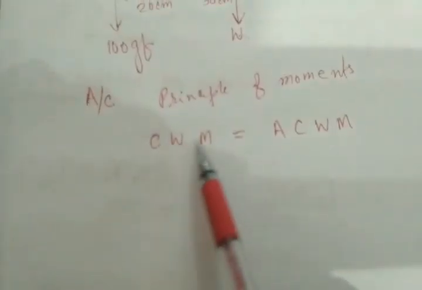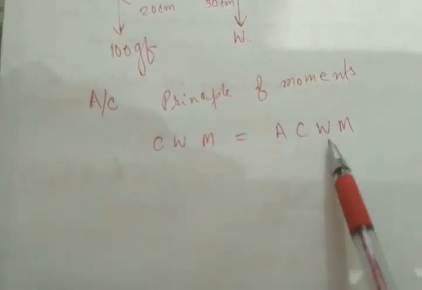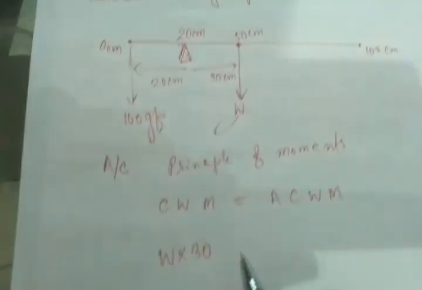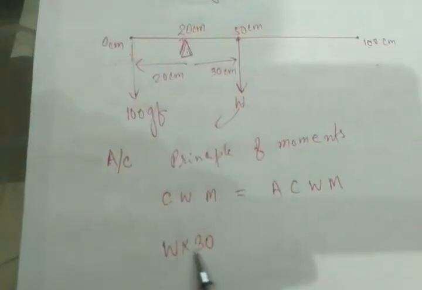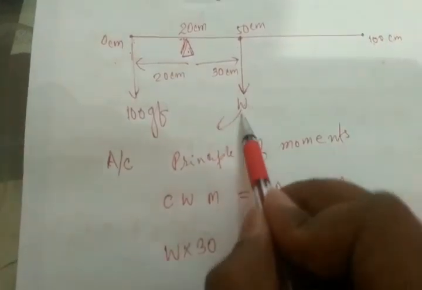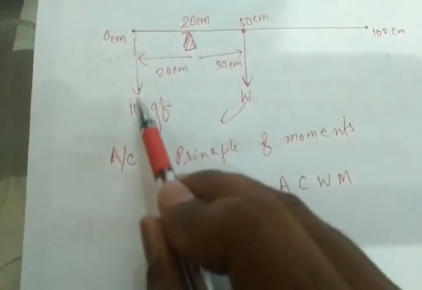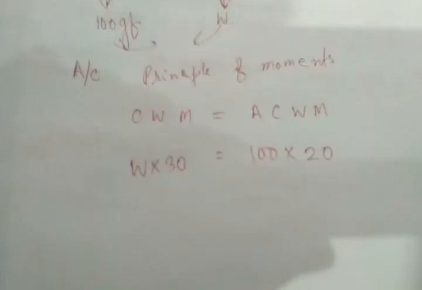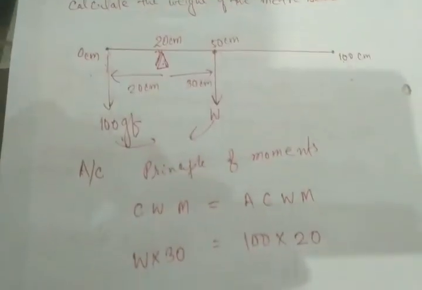So writing the principle of moments in short. According to the principle of moments, clockwise moment is equal to anti-clockwise moment. So see, in the clockwise direction this one is turning, so the weight, the force and the perpendicular distance. In the same way, for this one which is turning in the anti-clockwise direction, 100 into 20.